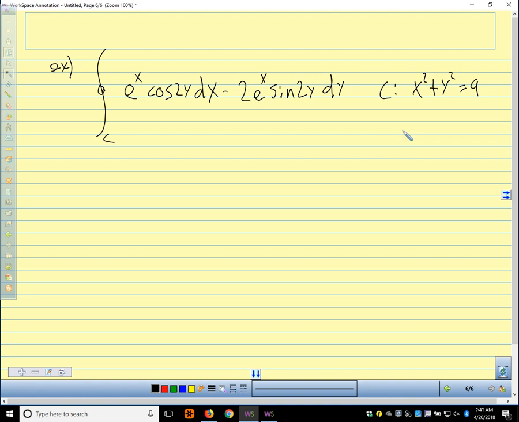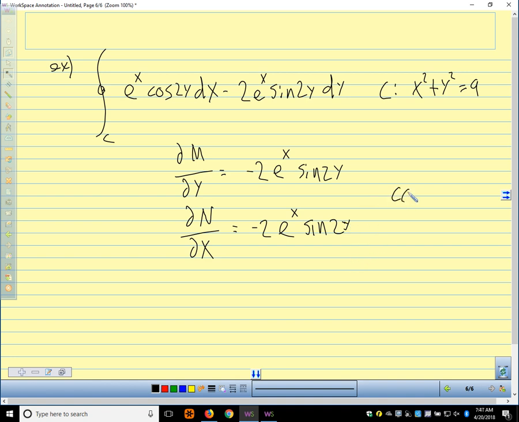Well, let's see if this is conservative. dM/dy. What do we get? Take the derivative of this, so we get minus 2 e to the x sine 2y. dN/dx is minus 2 e to the x sine 2y.